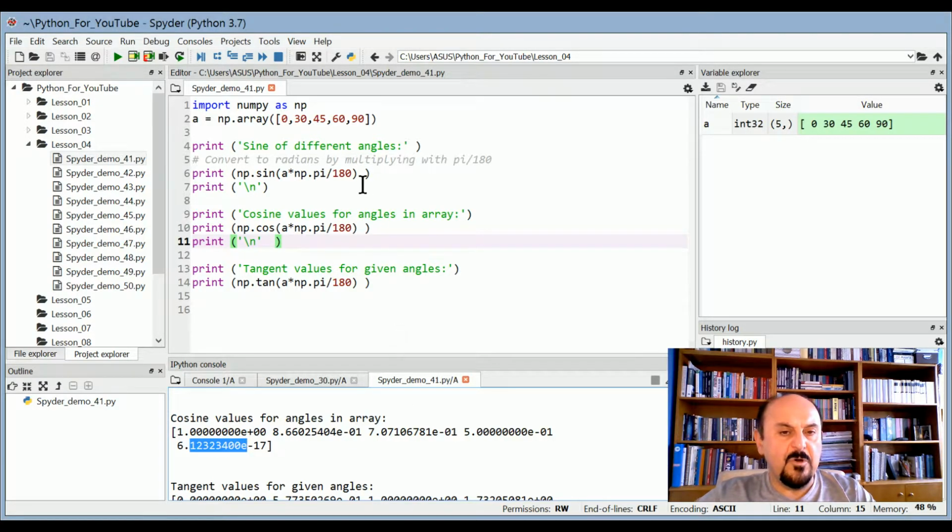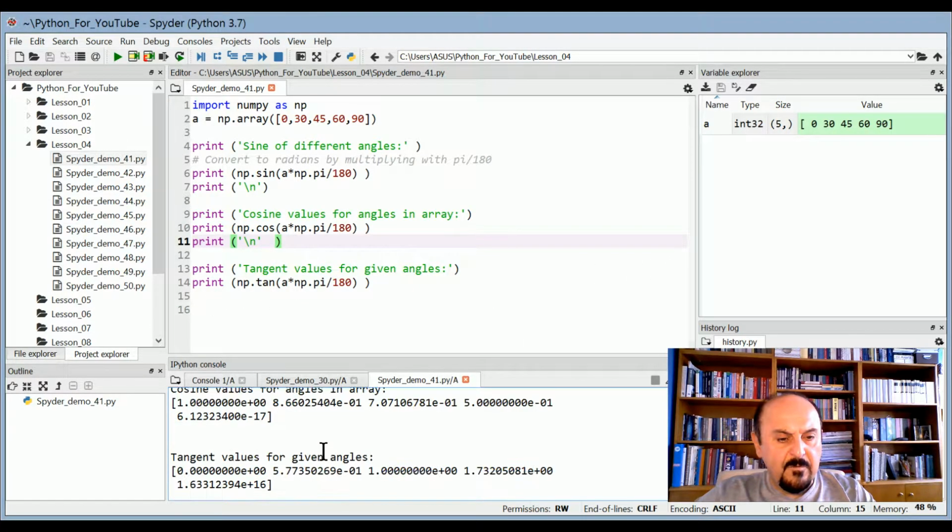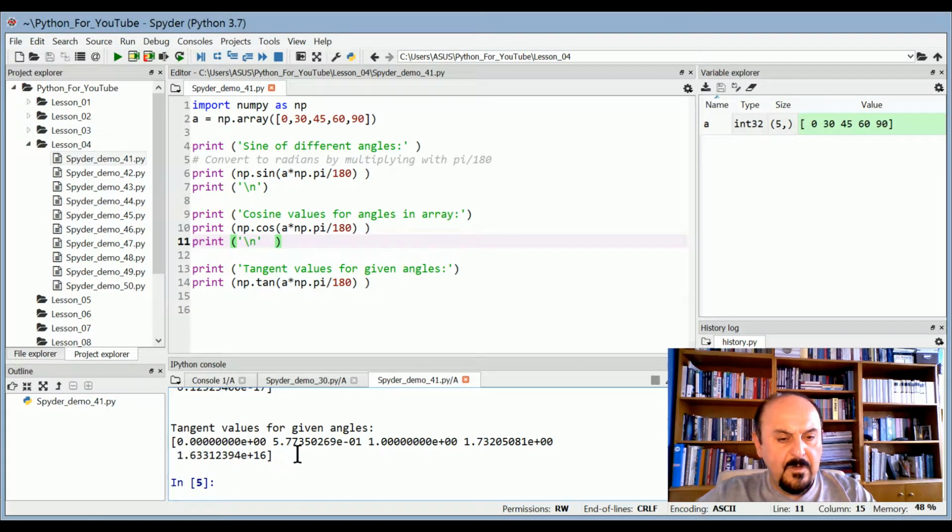That means 0. Okay, just I can show you the equivalent, the tangent of 45 equals 1. Okay, just as we expected. And tangent of 0 equals 0.